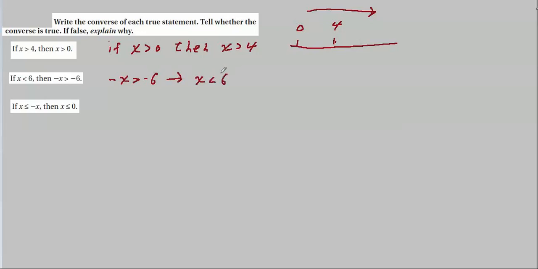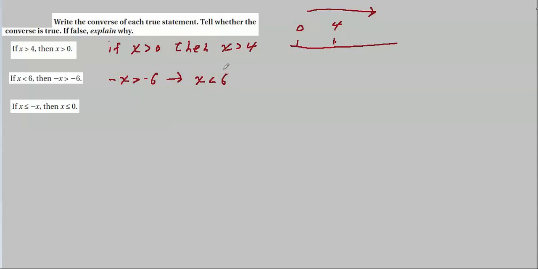Well, I would say that's true. Wait a minute. That one goes the wrong way, pardon me. It's probably true, but just by using rules of algebra, when you multiply by a negative number, you can reverse the sign.